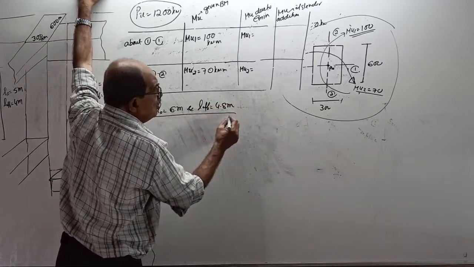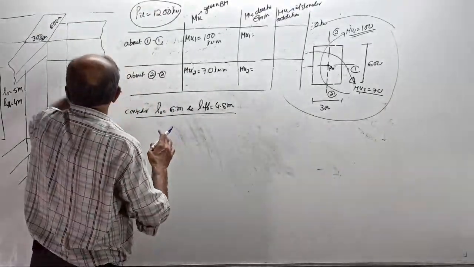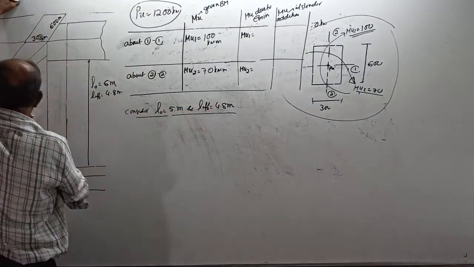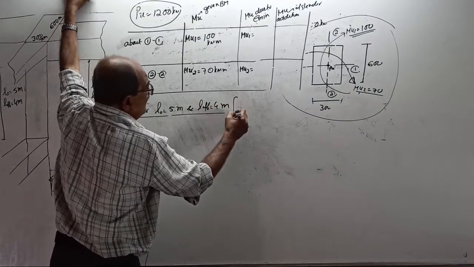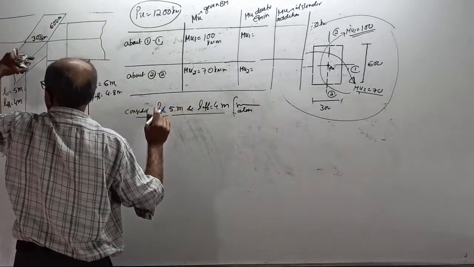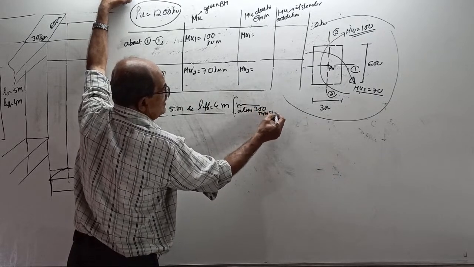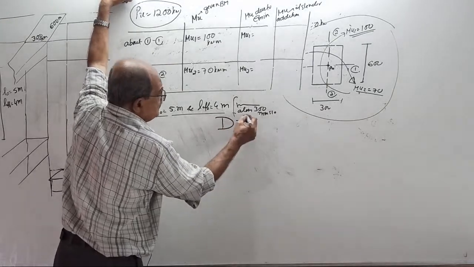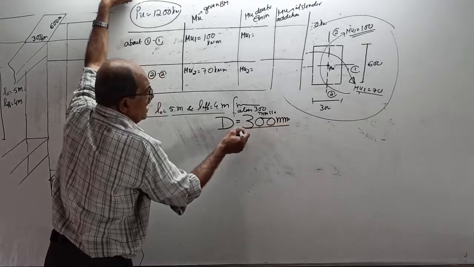One of them I will do, the other you have to do. One minute. I will take L0 equal to 5 meter and L effective equal to 4 meter, because the length is measured along the 300 mm side. Therefore, structural depth equal to 300. I already told you, structural depth, which side you consider.